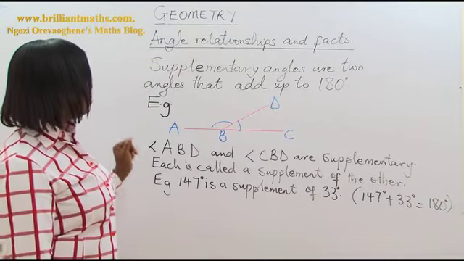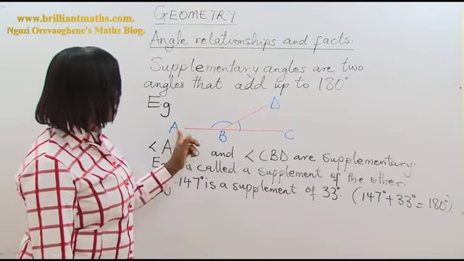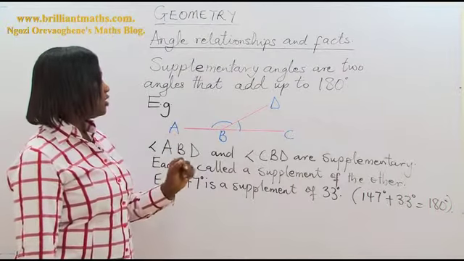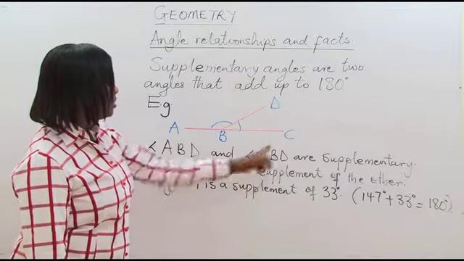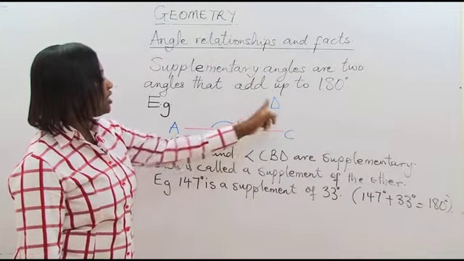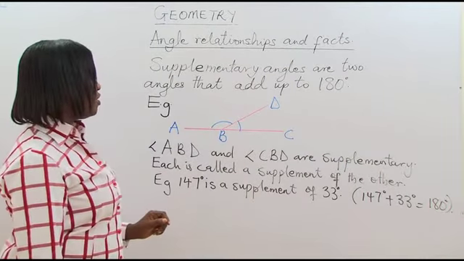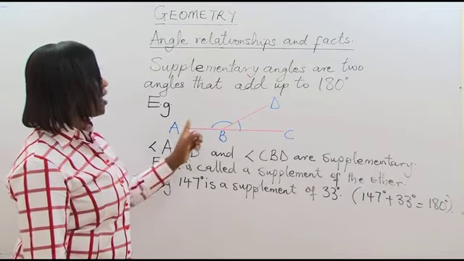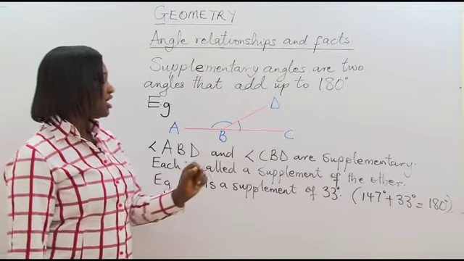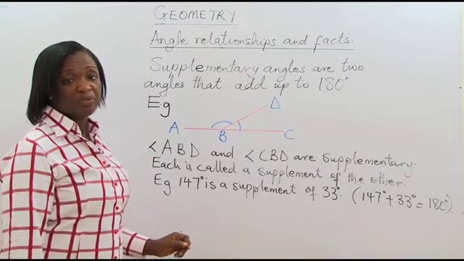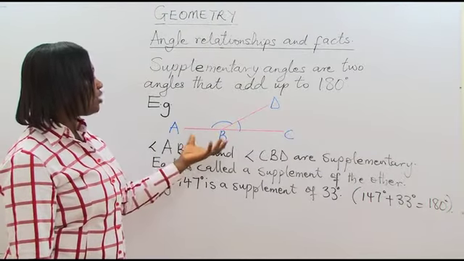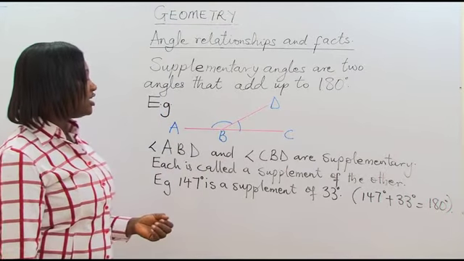For example, we have angle ABD with the angle at B and angle CBD. We can say that angle ABD and angle CBD are supplementary because the two angles add up to 180 degrees.